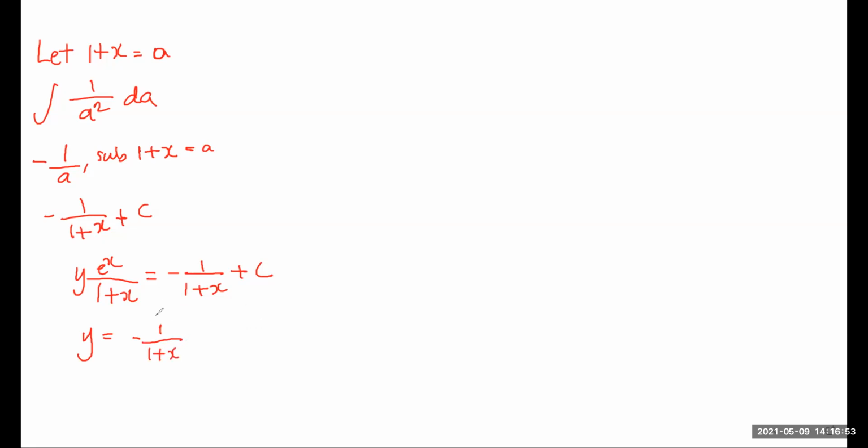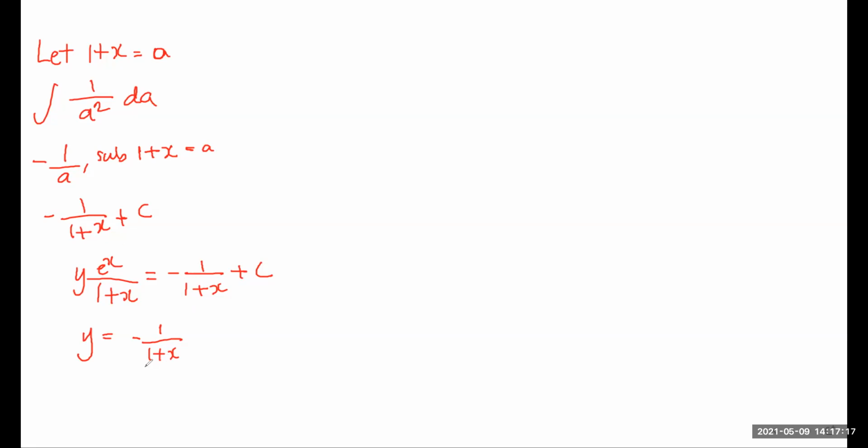Sir, it would be negative 1 over 1 plus x times this. When you make 1 plus y the subject, you divide both sides by what? e to the x over 1 plus x, no? Yes. So divide it now. Just put divide over that.